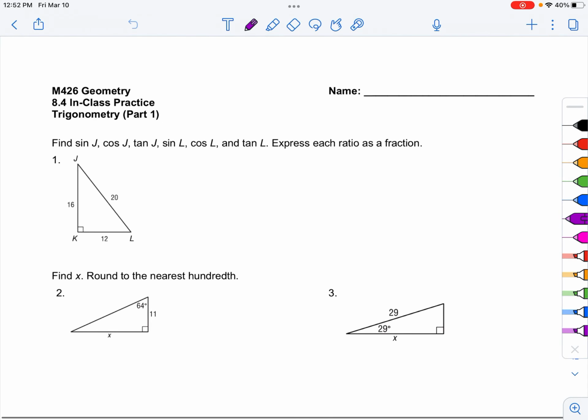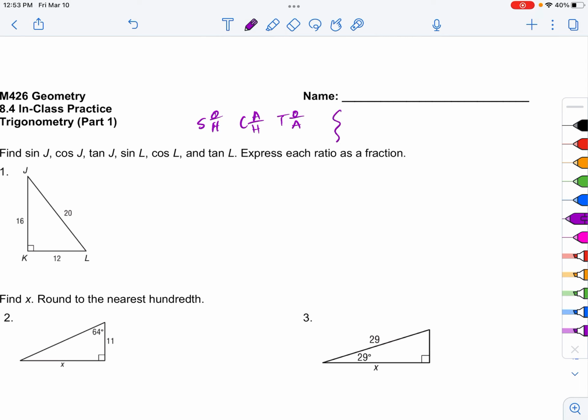Now just remember we use the mnemonic SOHCAHTOA, and I personally like writing it like this, SOHCAHTOA, and it helps us keep the ratio in order, and it still spells out the SOHCAHTOA. But also remember, we could write it out the long way. You could say sine theta, remember that's for our angles, is equal to opposite over hypotenuse.